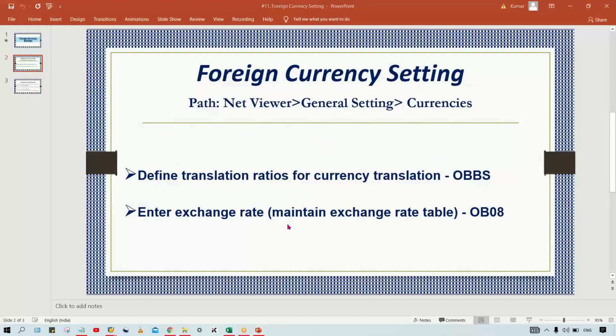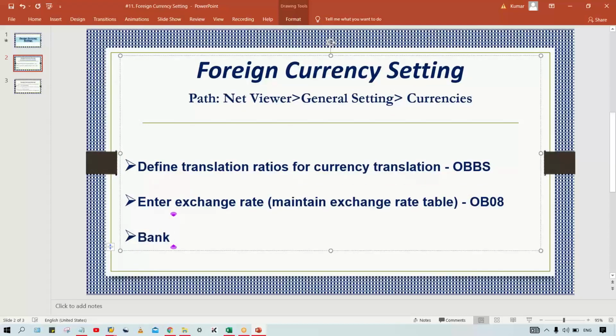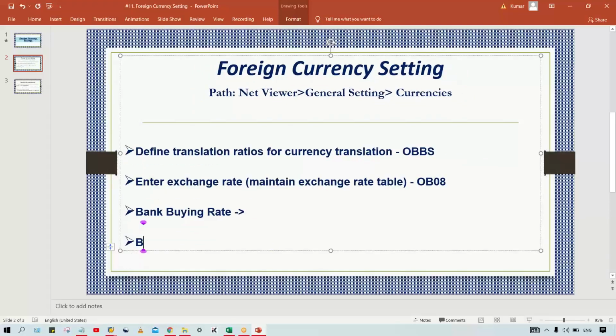Okay. So let me specify one thing, guys. Buying rate, then we have selling rate.